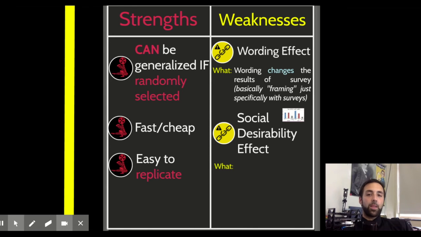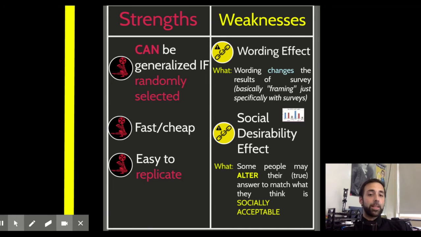So for example, if you ask, should this behavior be banned or should this behavior be allowed? You're essentially asking the same thing, but the connotation of the word prohibited or banned or allowed could cause an individual to evaluate the scenario differently and provide a different response. So it's very important that when you're writing the questions to a survey, you're very keenly aware of not trying to influence the results and implementing what's called the wording effect. You want to avoid this to the best of your ability.